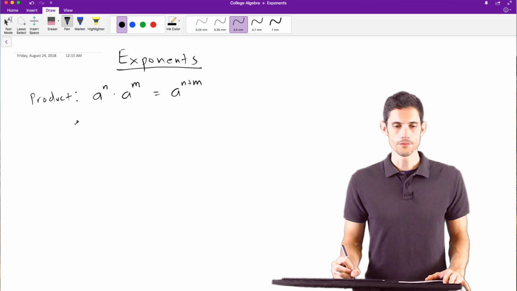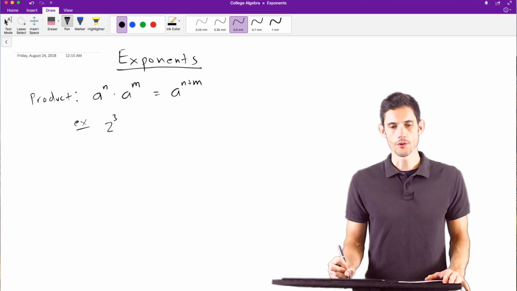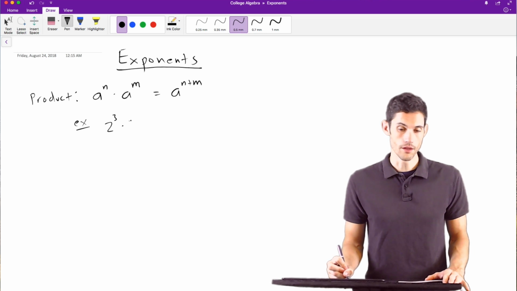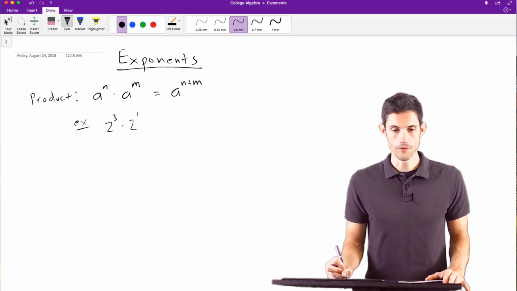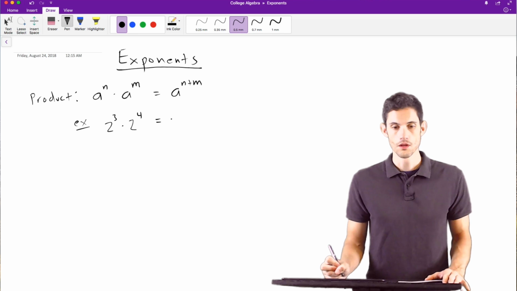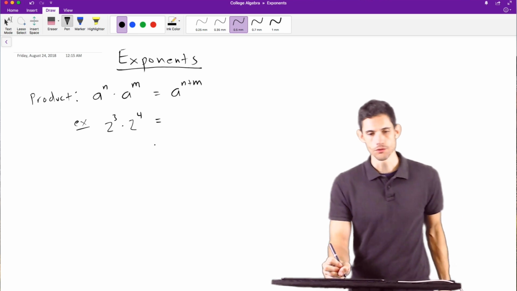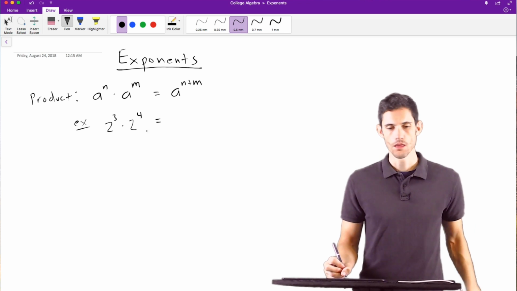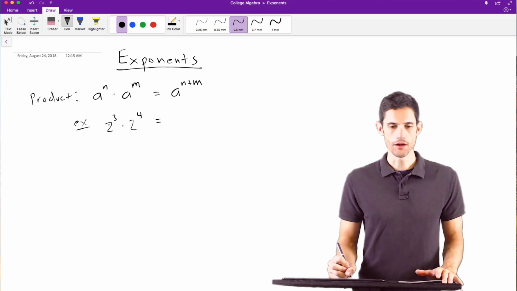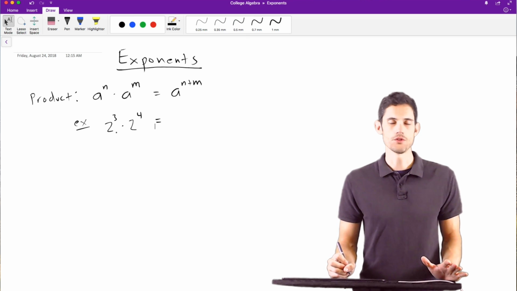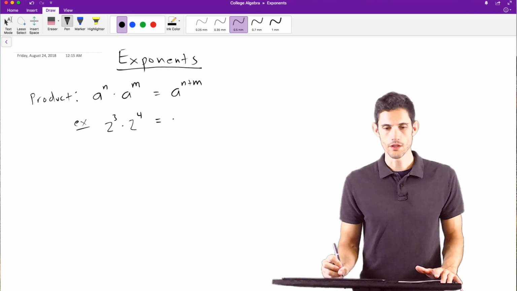For example, let's say I have the number 2 raised to the power 3, and I'm multiplying it by the number 2 raised to the power 4. Without knowing the rule, I can figure out what this is. I know what 2 cubed is, that's 2 times 2 times 2, so I'll write that down.